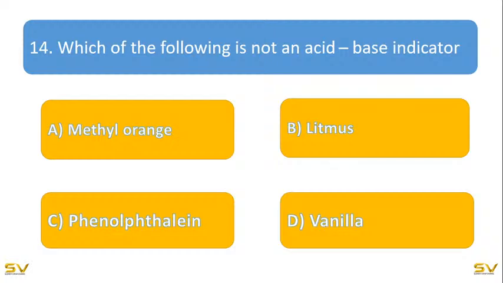Is it methyl orange, litmus, phenolphthalein, or vanilla? Methyl orange, litmus, phenolphthalein, vanilla.